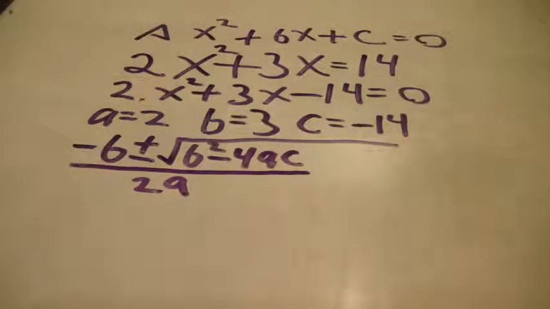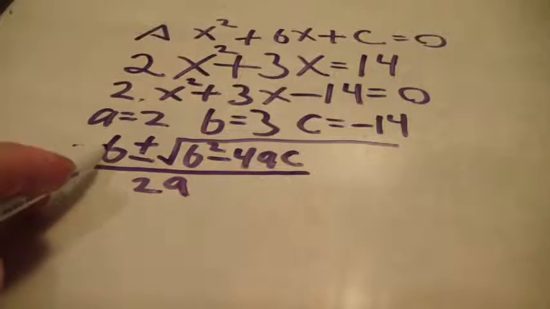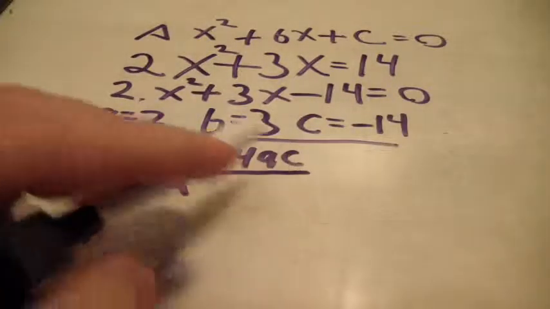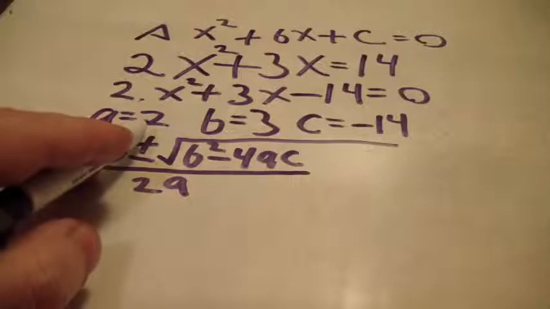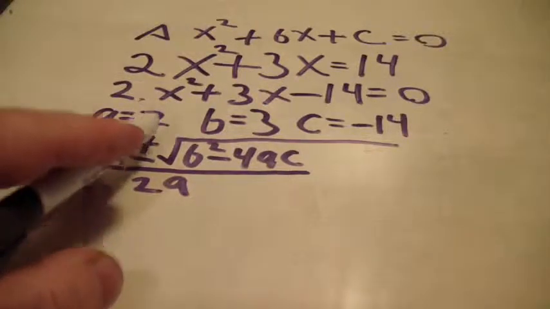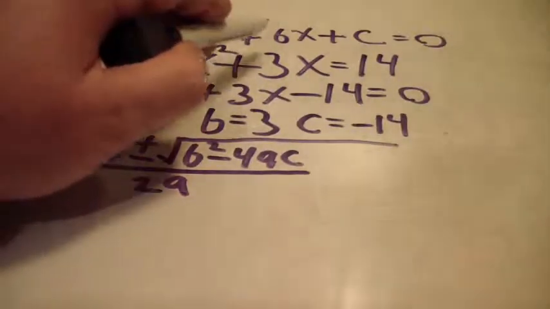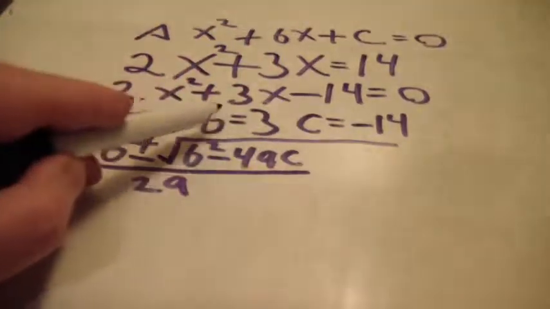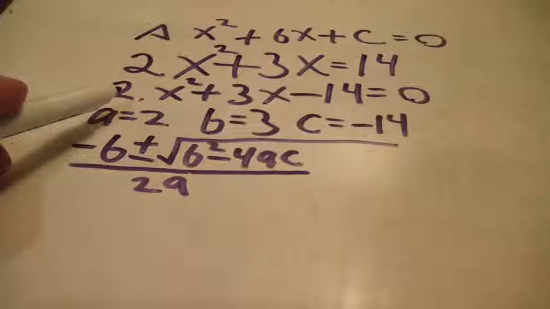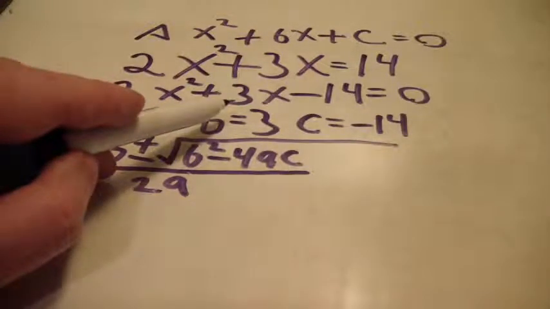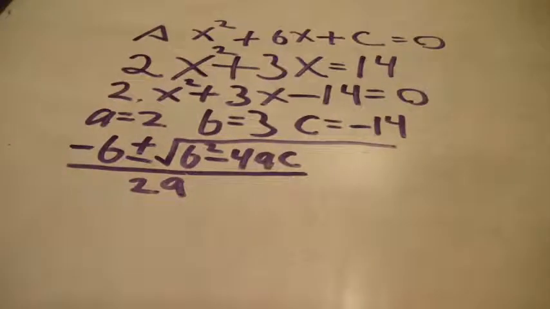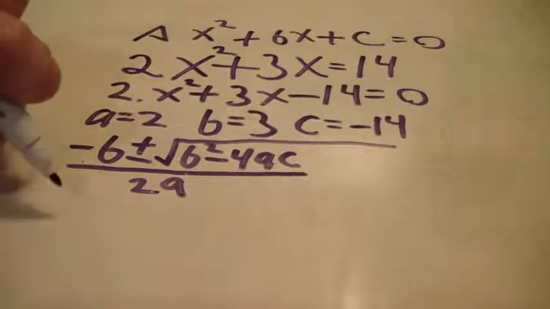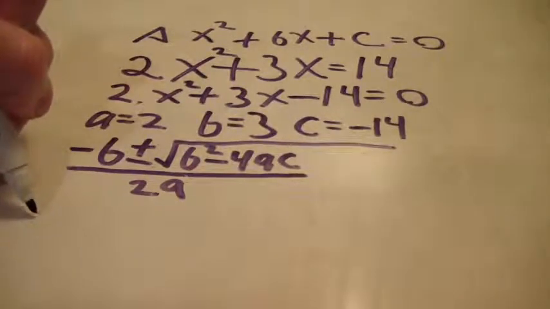So now we need to take these values b, a, and c and replace them with the values given. Because we wrote it in the form ax squared plus bx plus c, we did that down here. We knew that a is 2, b is 3, and c is negative 14. Okay? So we're simply going to do the problem now.